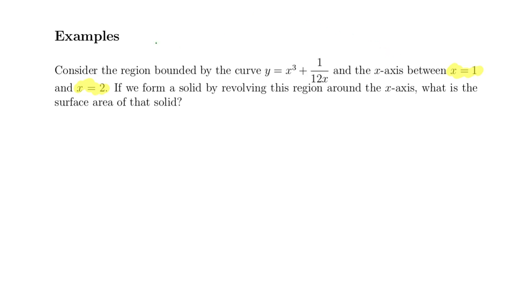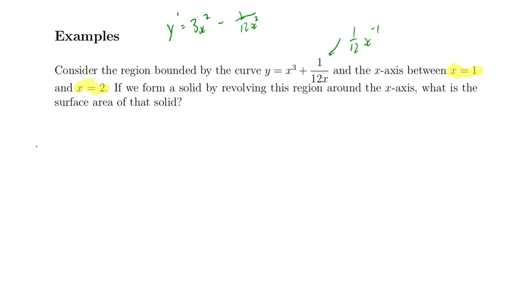All right, so we know we need y, but we also need y prime. This is going to be 3x squared minus, you could say this is really 1 over 12 x to the negative 1, and so it's minus 1 over 12 x squared, 1 over 12 x to the negative 2. So that's our derivative.